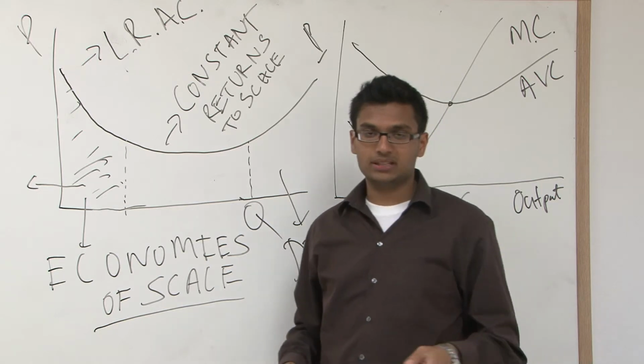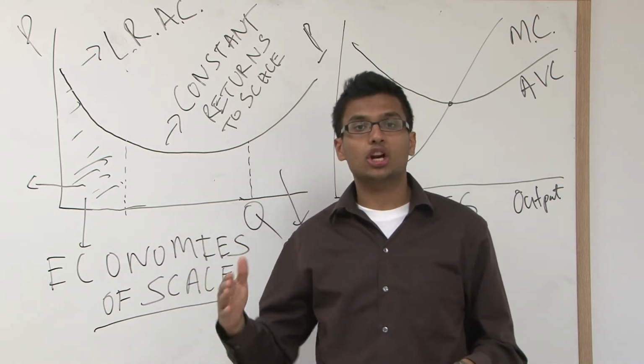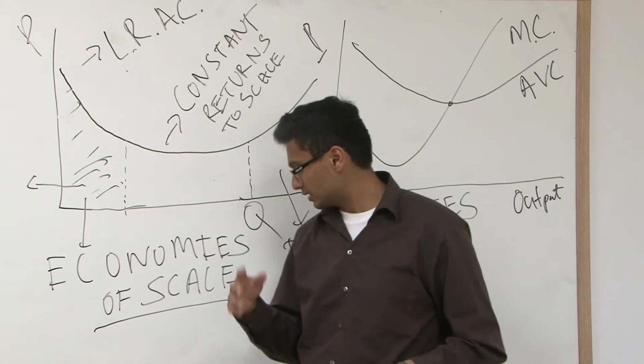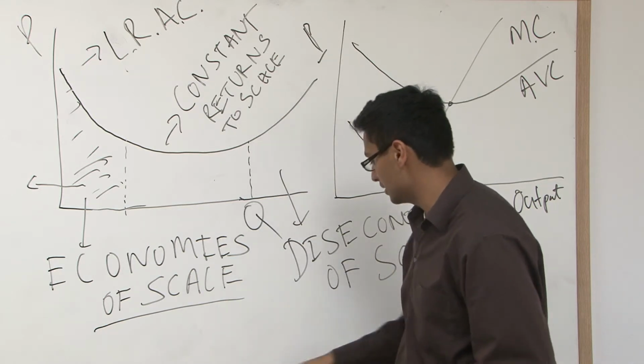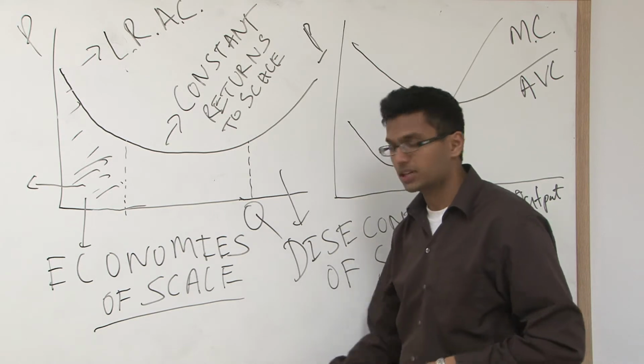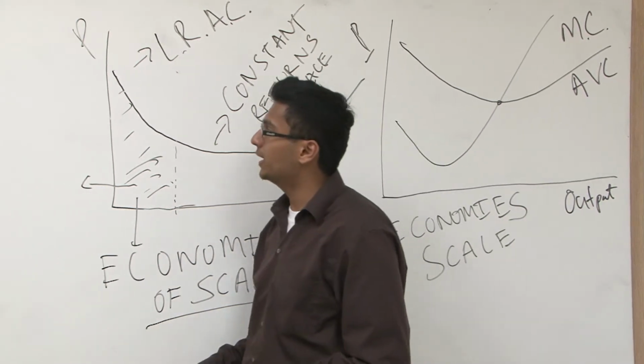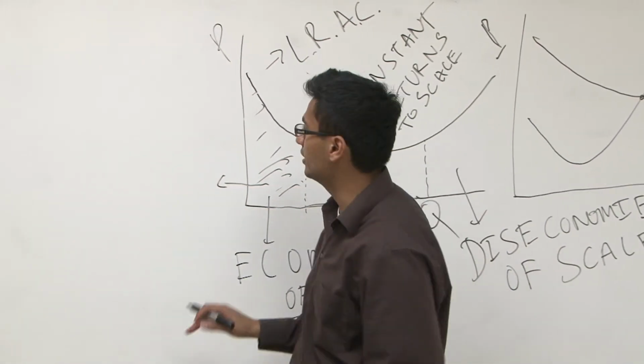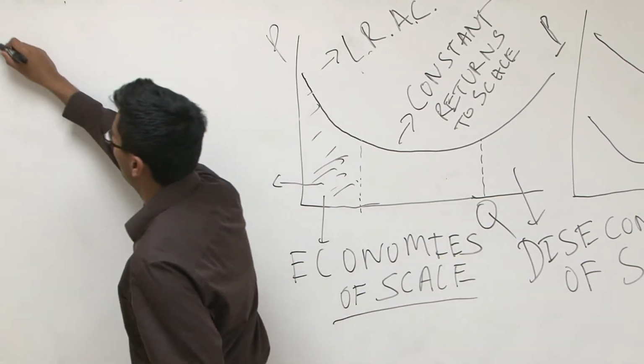Economies of scale basically is the advantages that occur, okay? I can write this down for you guys. Let me start to define this. I'm going to go ahead and erase this part, and I'll use that side of the board.